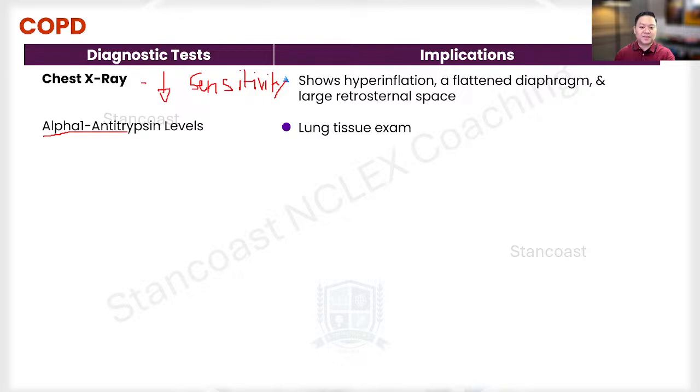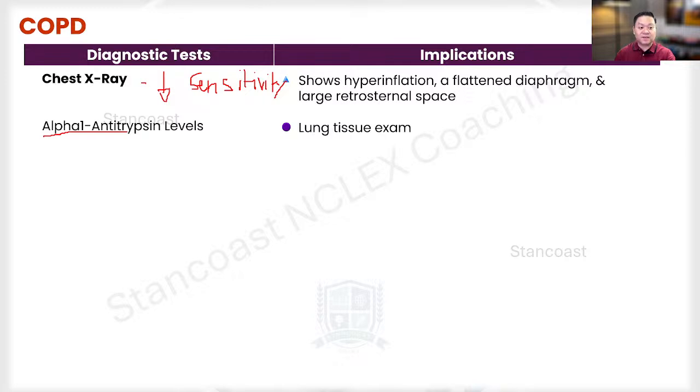This is something that can possibly be done early, during the early onset of emphysema, usually before age 45, or for non-smokers with emphysema. Again, this will measure the alpha-1 antitrypsin level.